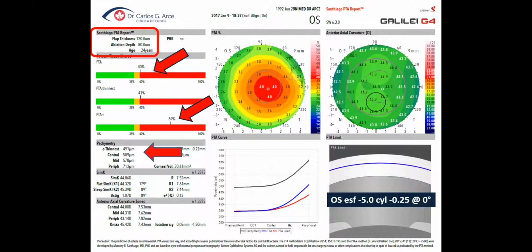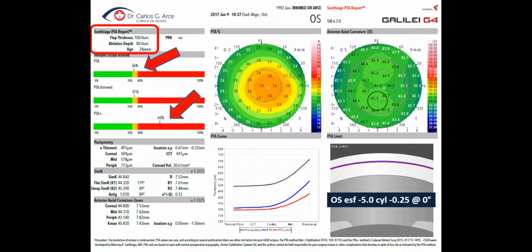So is that the only thing we can do? No, we can go for 100 with femto. No way. It's still 60%, and despite the other indices that we can calculate by manual calculator, which will be 36, 37. But for thin corneas, there is a special PTA, and in this case it is 60%.